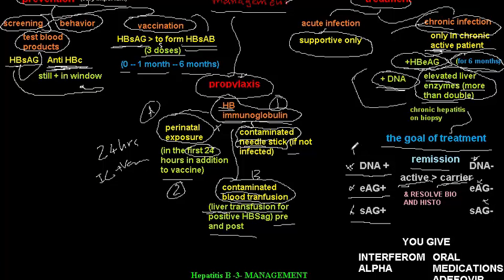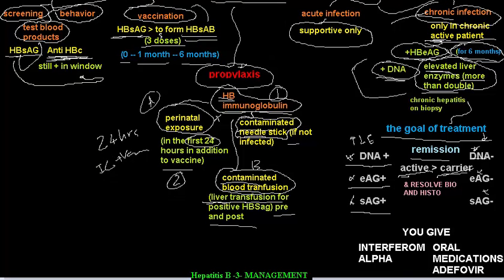The elevated liver enzymes will decrease, and the DNA, surface antigen, and envelope antigen will be negative. This is the goal of treatment, and also to resolve the biological and histological status of the patient. How to treat? You give antivirals.